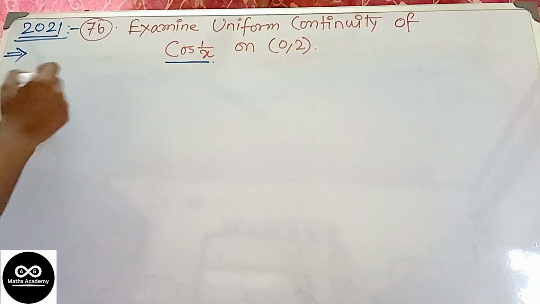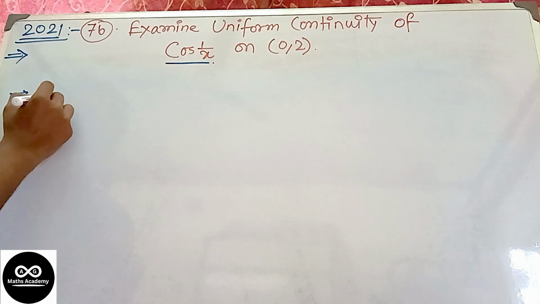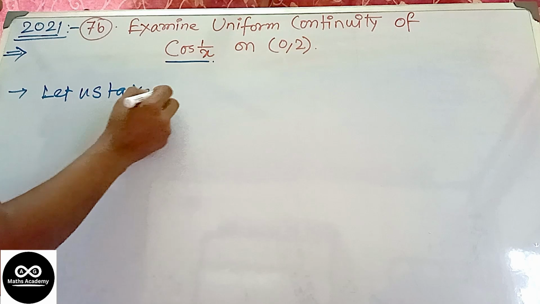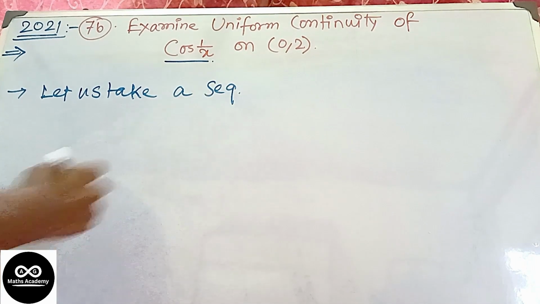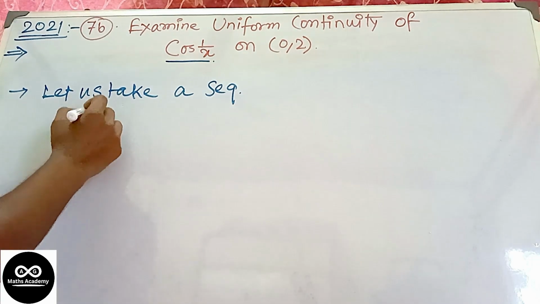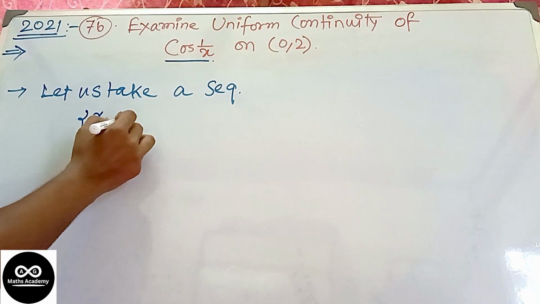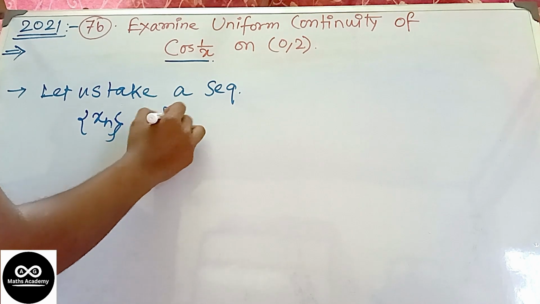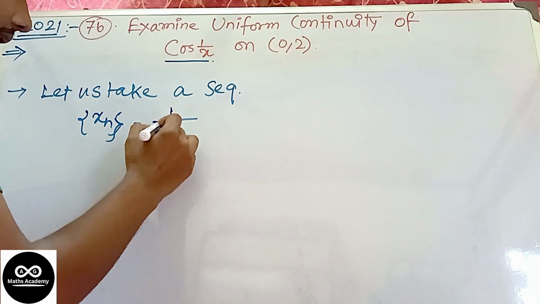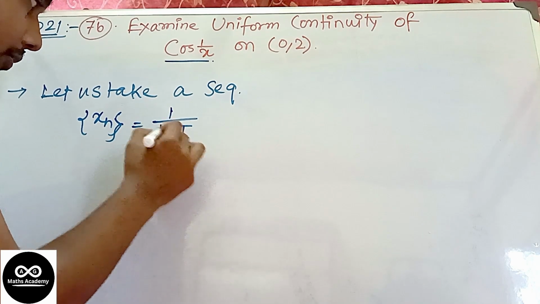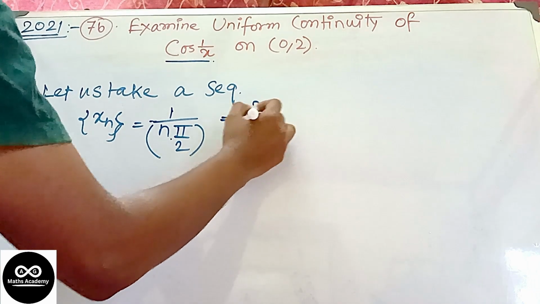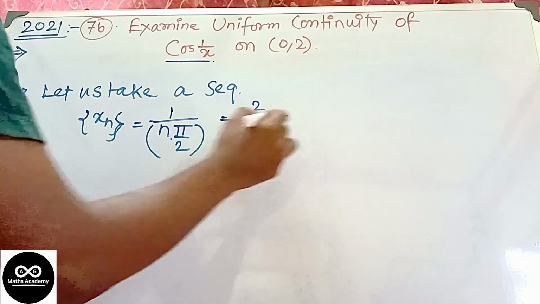Now let us take a sequence, say xn, which is actually 1 by n pi by 2. This will be 2 by n pi.